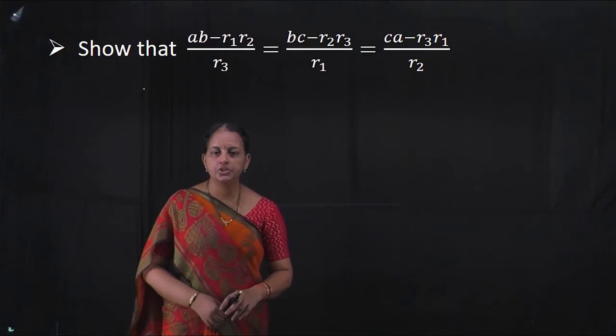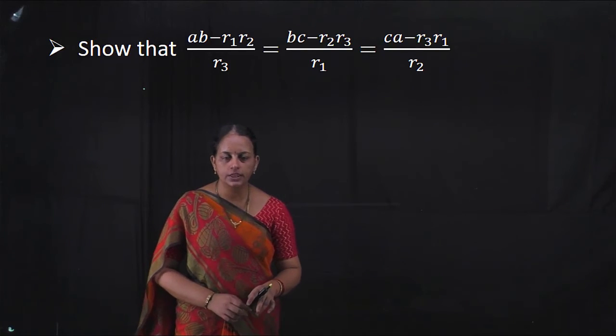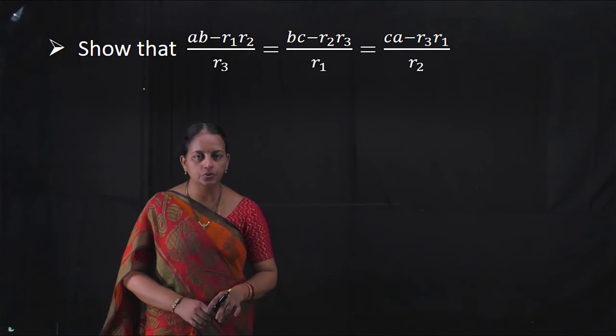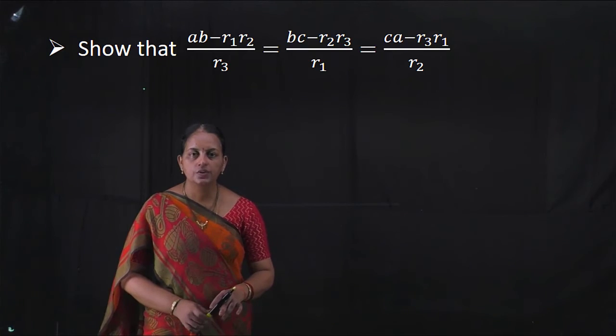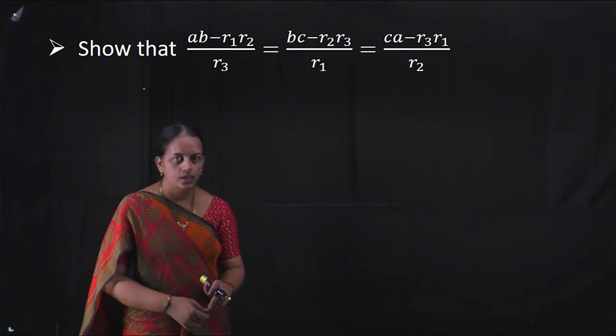Okay. And the next question is, show that AB minus R1 R2 by R3 is equal to BC minus R2 R3 by R1 is equal to CA minus R3 R1 by R2. This is one of the most important problems regarding the board exams. Okay, listen carefully.